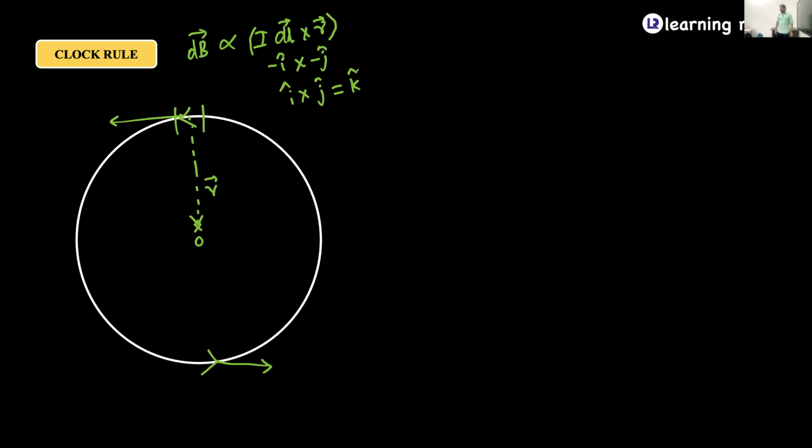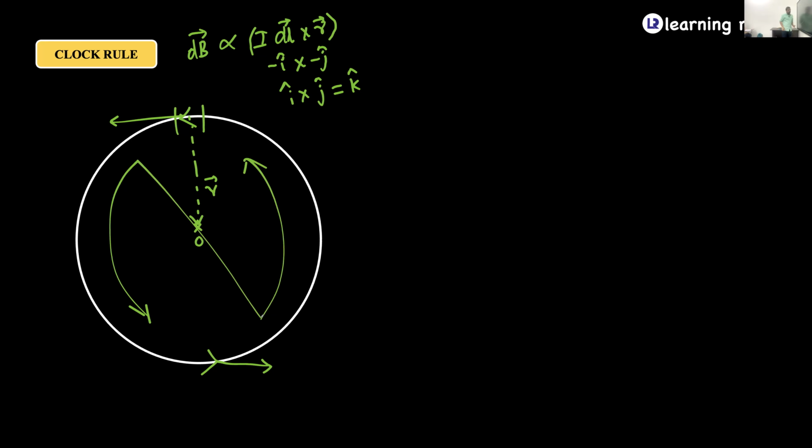Now the question is, this plane is emitting the field lines. Out of the north and the south pole, which pole has a tendency to emit the field lines? It is the north pole. So when current is flowing in the anti-clockwise direction, this is anti-clockwise, this is also anti-clockwise.